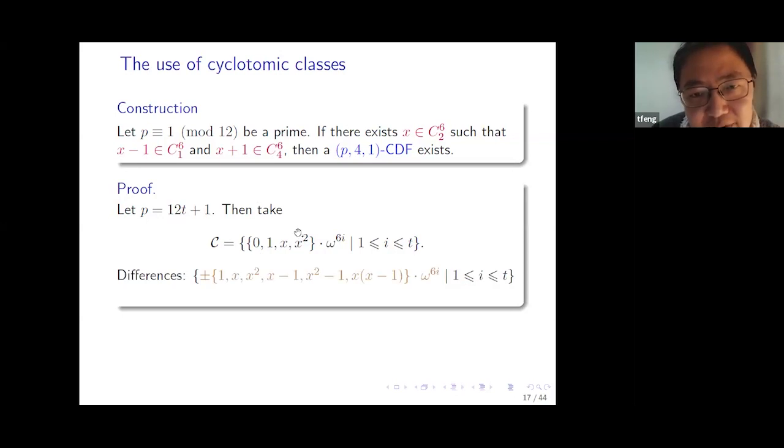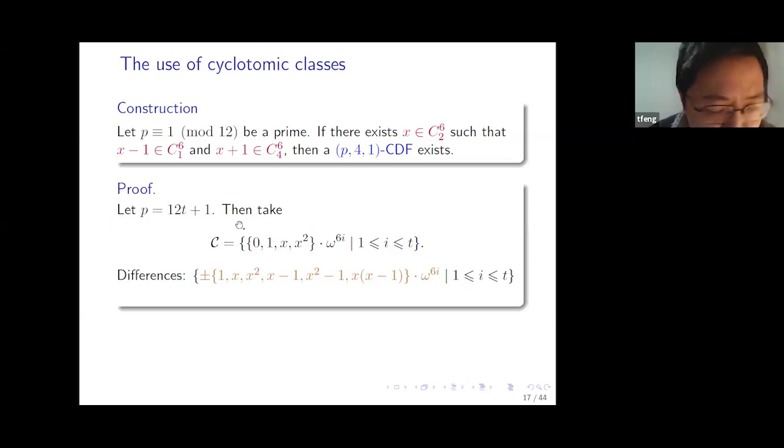Okay, we can check why it is a (p,4,1) cyclic difference family. We list all of these differences. The pair 0, 1 contributes the element 1. The pair 0, x contributes the difference x, 0 and x squared contribute x squared, 1 and x contribute x minus 1, 1 and x squared contribute x squared minus 1, and x and x squared contribute x squared minus x. So these are all the differences. In this example, we can notice that minus 1 is equal to omega to the (p minus 1) over 2, and (p minus 1) over 2 is 60.